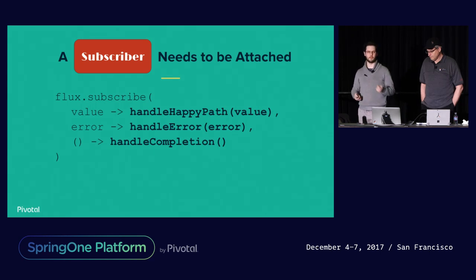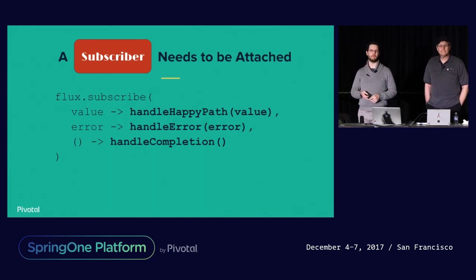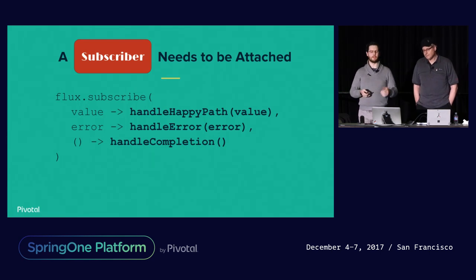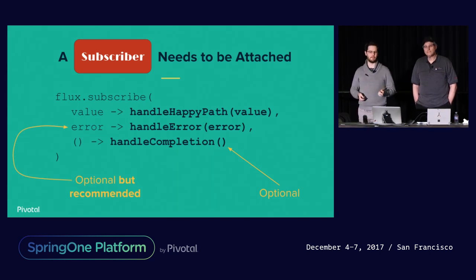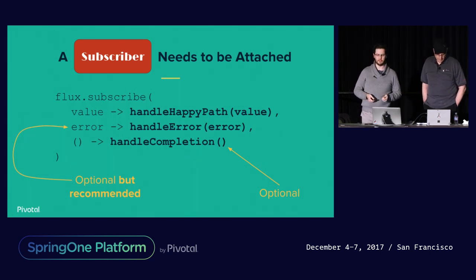So when there is a failure, you receive the error and maybe you want to show it to the user or do something else. And sometimes you also want to get notified, to do something, when there is a successful completion. So the only real mandatory part is how you deal with the value.